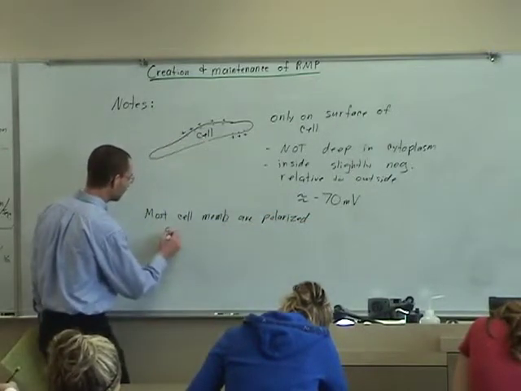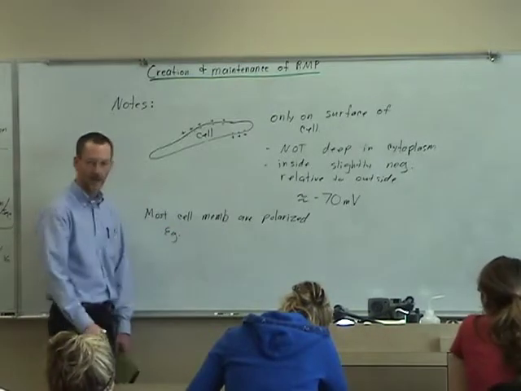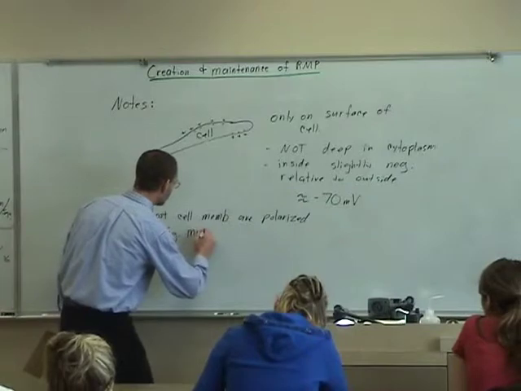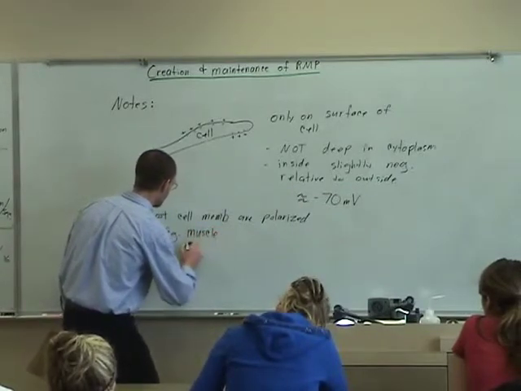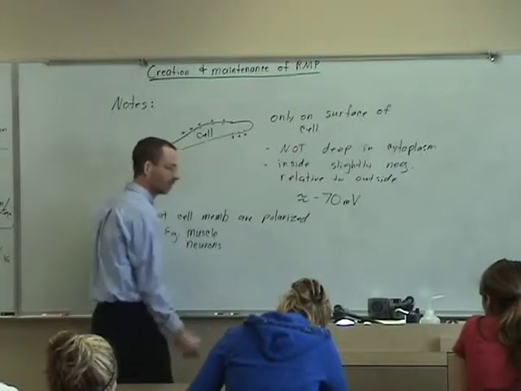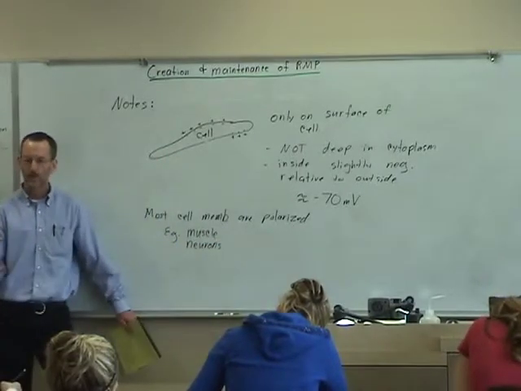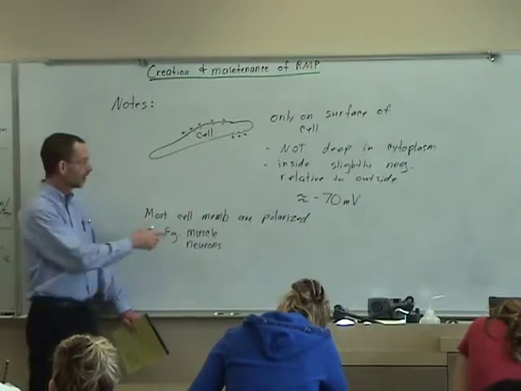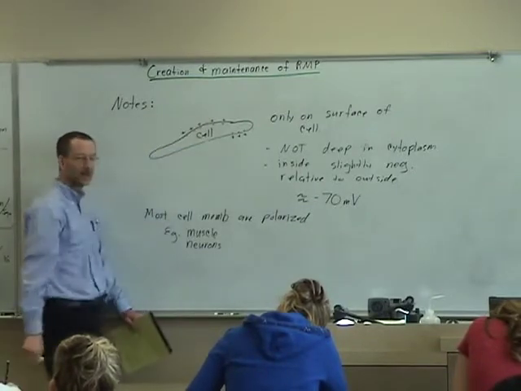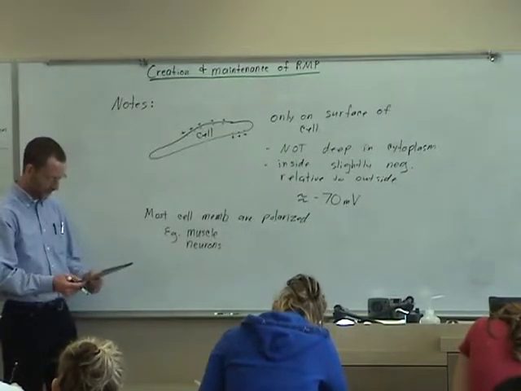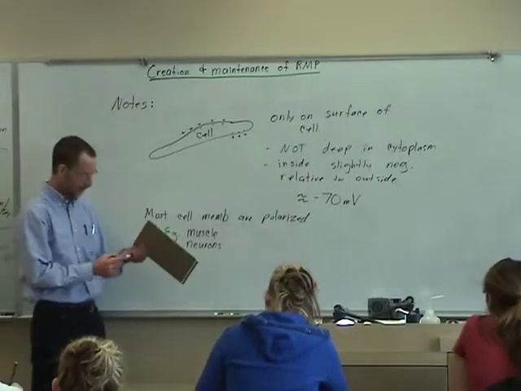In particular, those that we're going to be spending a fair amount of time looking at are muscle cells and neurons. They're both said to be excitable tissue, and we're going to excite them by altering that resting membrane potential, causing it to change polarity. All right.